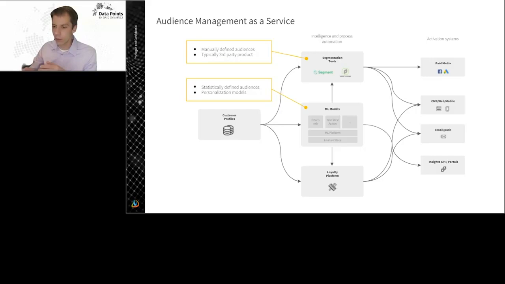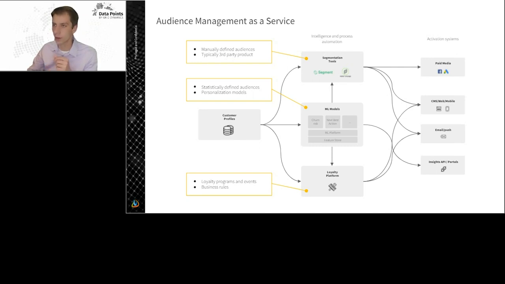And the third type of solution that we also frequently see in practice is loyalty platforms that are used to configure loyalty programs, loyalty events, and different business rules, for example how points are assigned to customers. These platforms can consume outputs of the models as one of the inputs, and business rules can be defined in terms of these scores. For example, customers with high lifetime value can be provided with certain benefits.